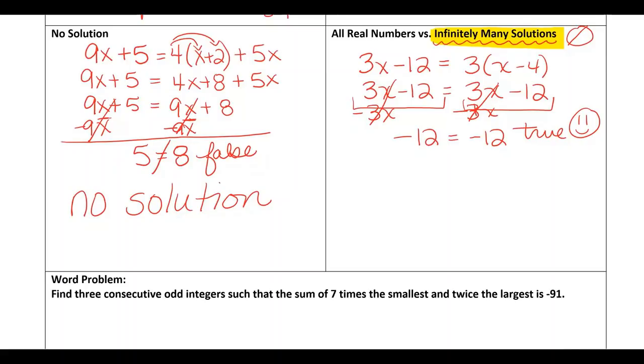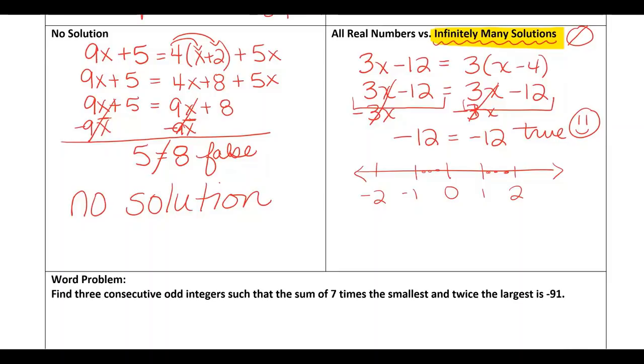But you do not use infinitely many solutions. Let me explain why. So you have a number line, and on a number line, there's bunches of numbers. There's numbers in between here. There's decimals in there. They're everywhere.